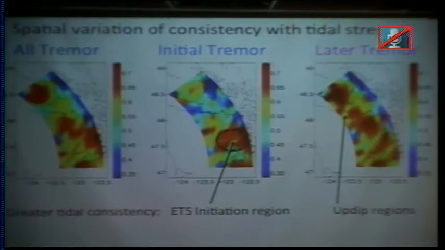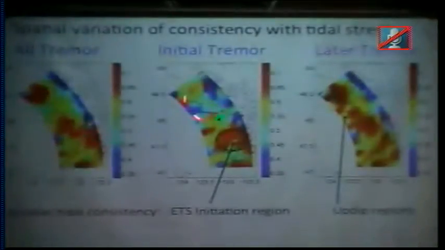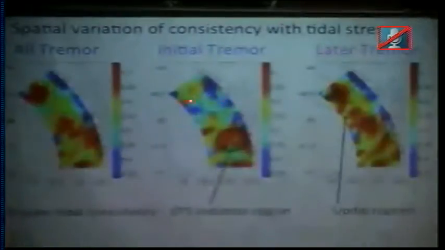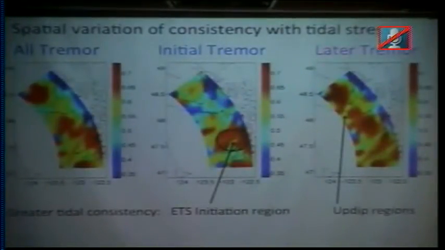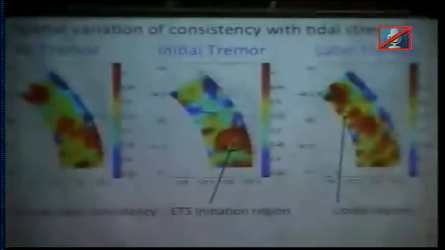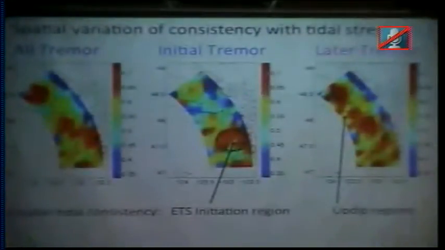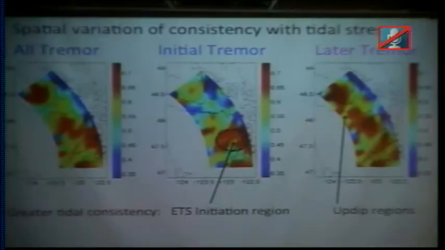And so the tidal stress is important and pushed it over the edge. Whereas in this region here, it wasn't so close to failure for 4 of the 6, or really all of them. And the thing that pushed it over the edge was a propagating slip pulse, stress from a transient propagating slip pulse.